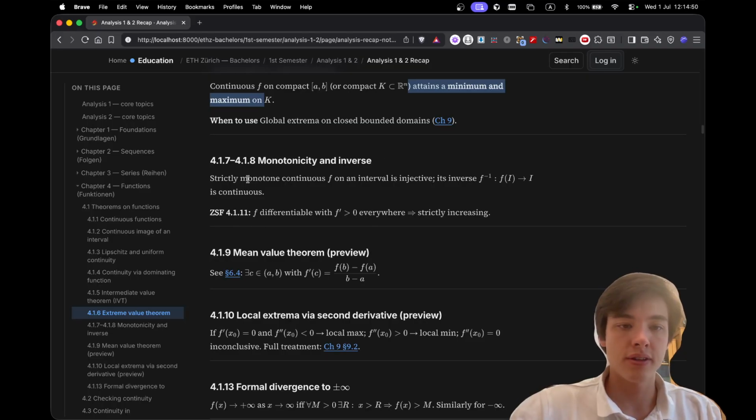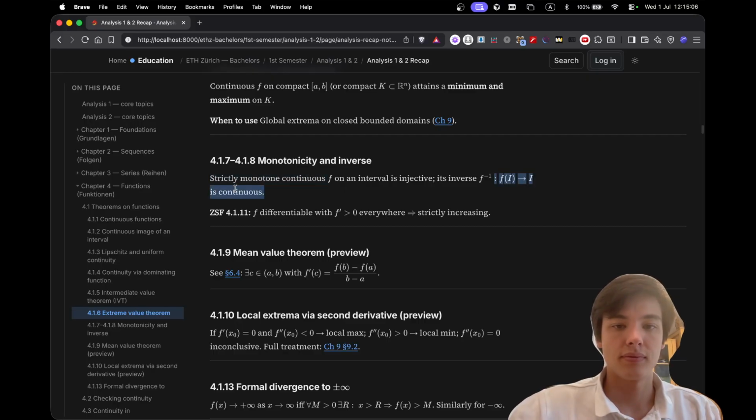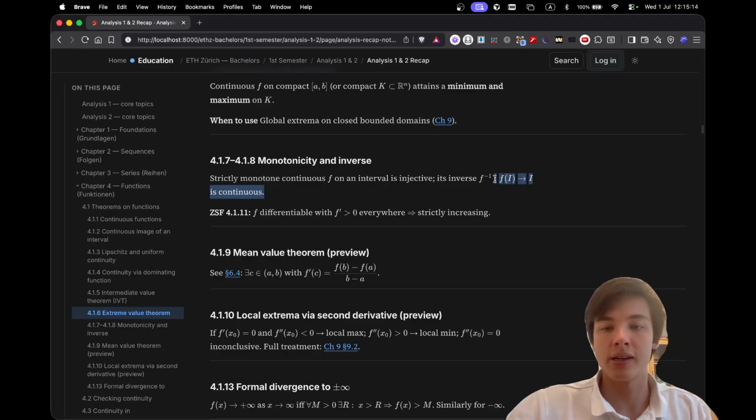Monotonicity and inverse. If it is strictly monotone and continuous on the interval, then it is injective, right? So it has an inverse on that, and continuous. Well, on that domain it would be bijective, right? Or not bijective because it doesn't map all the image plane.